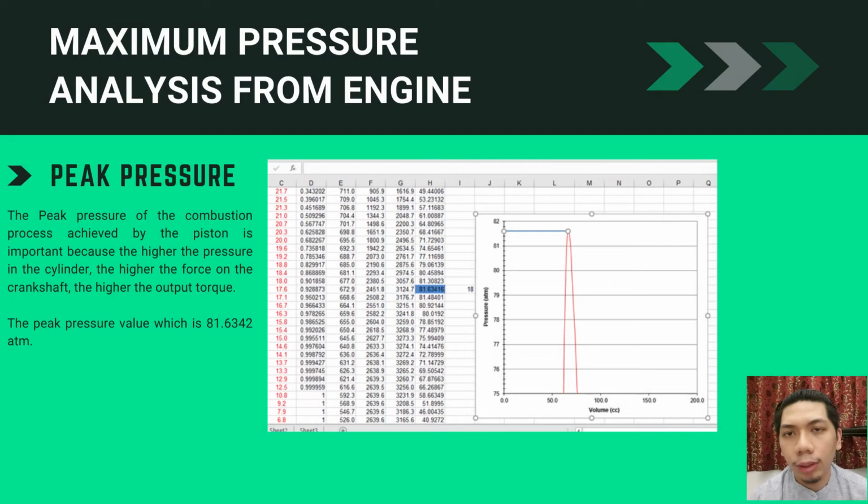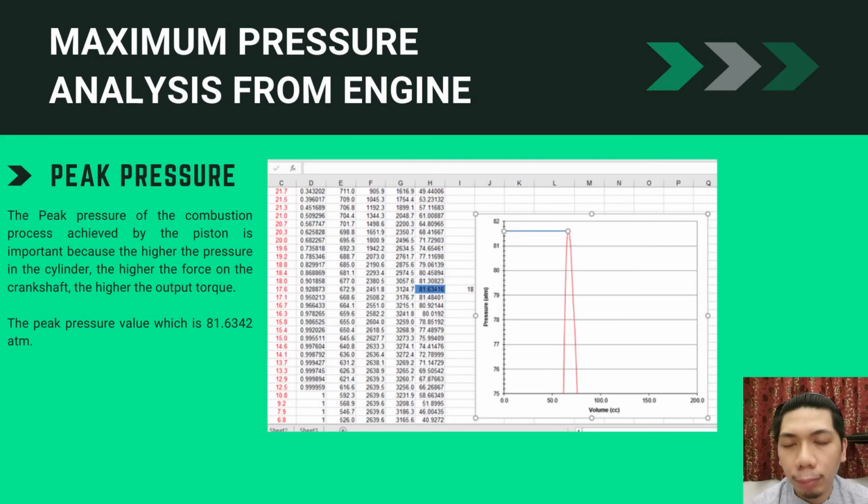Why do we want the peak value for our engine? Because it is really important: we can know the higher pressure of the cylinder, then we know the higher force on the crankshaft, and lastly we can know the higher output torque.